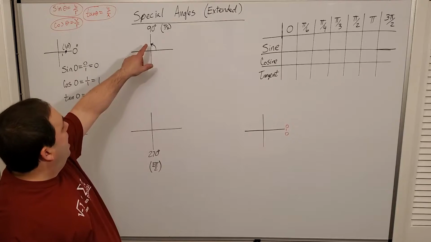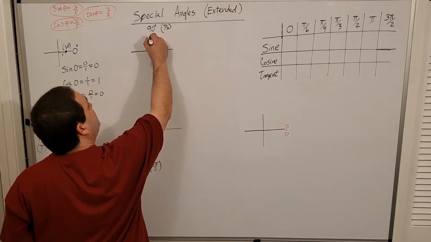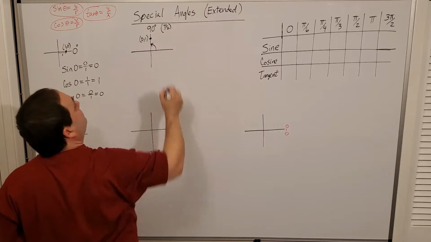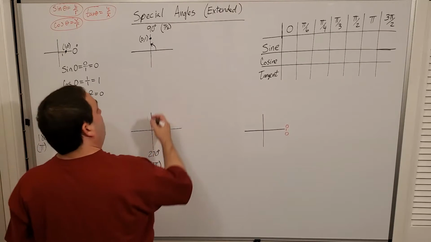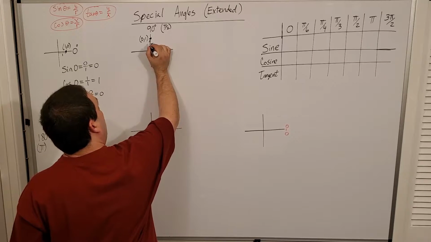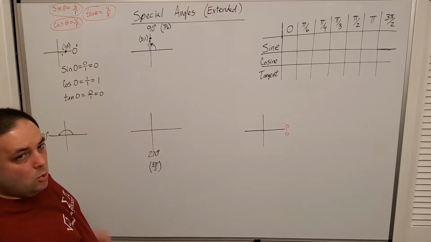Okay, 90 degrees. I'm going to pick the point on the terminal side here to be 0, 1. That means that my r value right here is also 1.